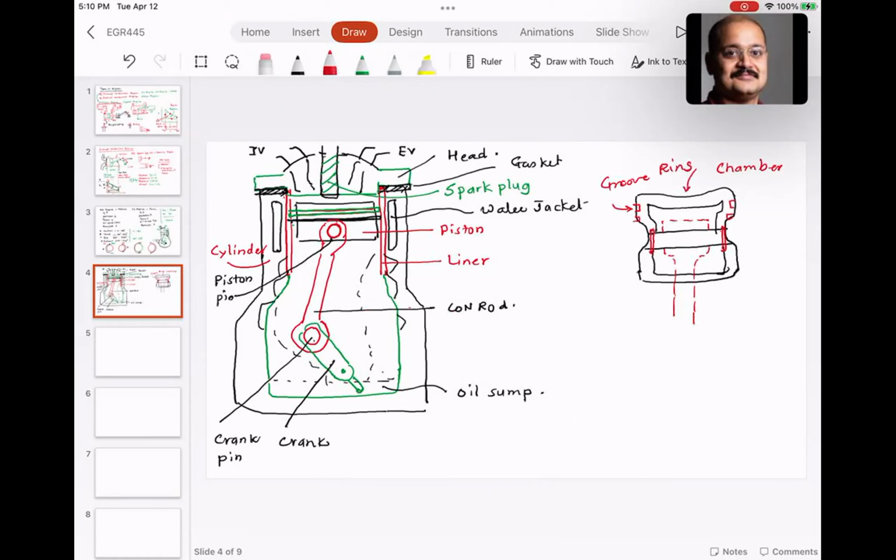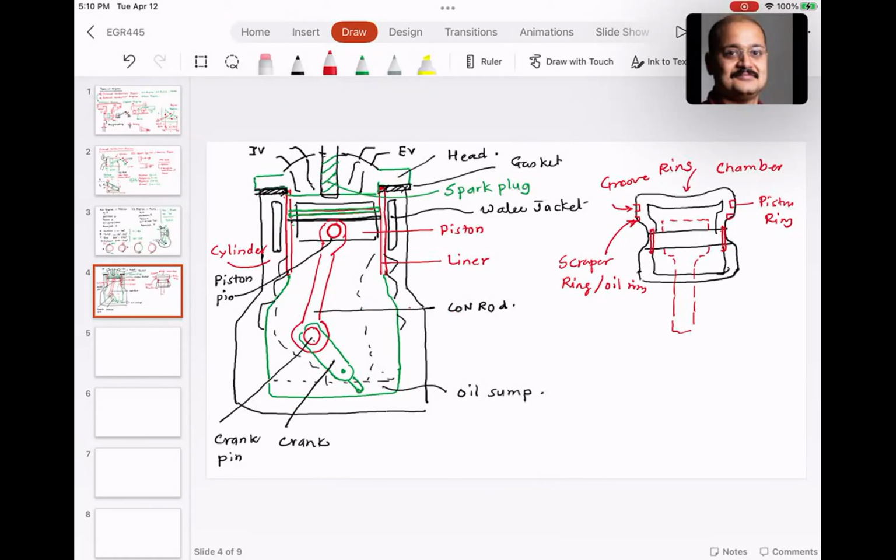So basically you have something called the piston ring, and then you have a scraper ring or oil ring. So that is how a piston cylinder assembly looks.